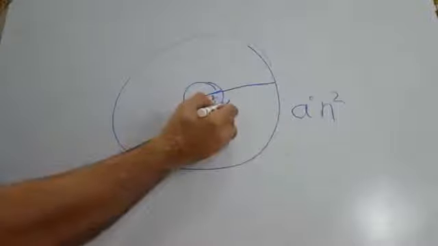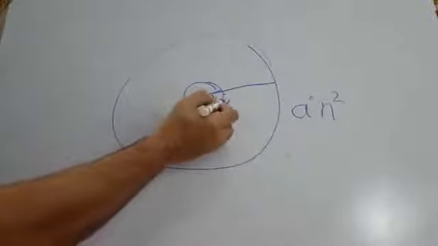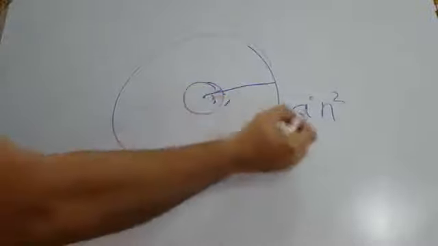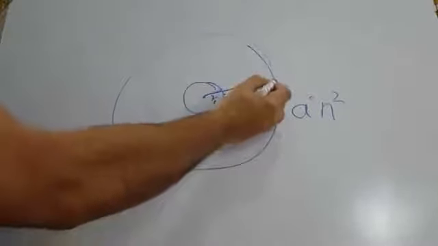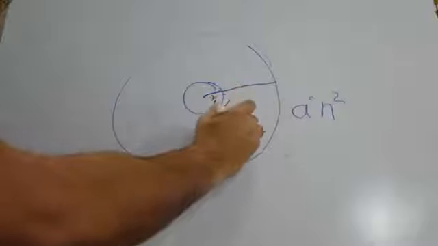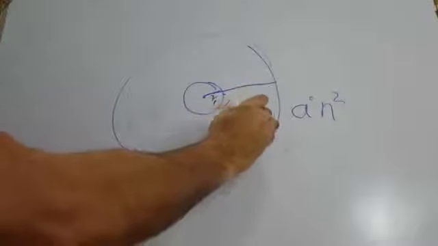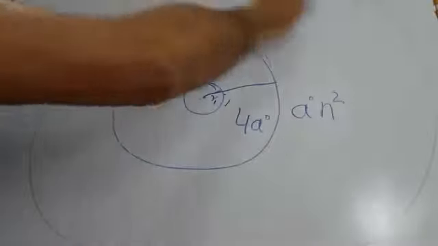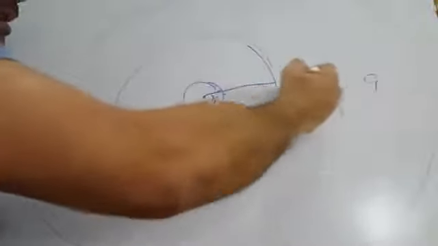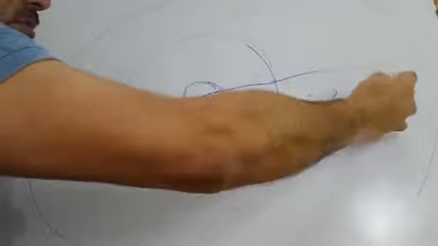This is R1, this is A0. When it is R1, it is A0. When it is R2, it is 4 times A0. Similarly, for the third, it is 9 times A0.